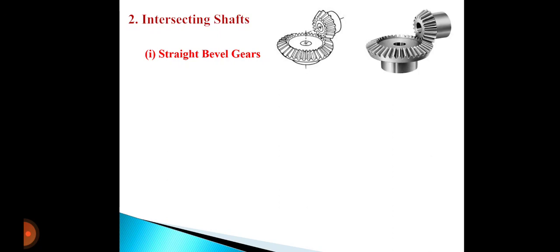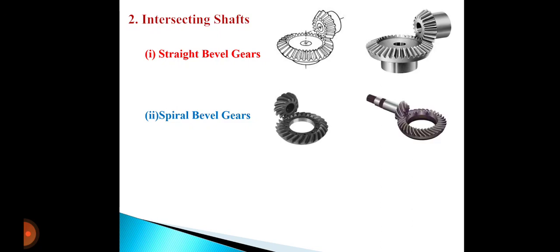When teeth formed on the cones are straight, the gears are known as straight bevel, and when inclined they are also called spiral or helical bevel. So, spiral and helical bevel is also shown in this diagram. In the case of straight bevel, the teeth are straight, radial to the point of intersection of the shaft axes, and vary in cross section throughout their length.